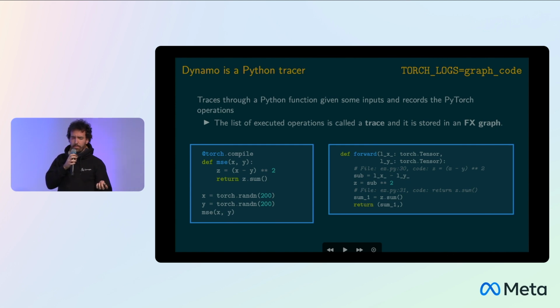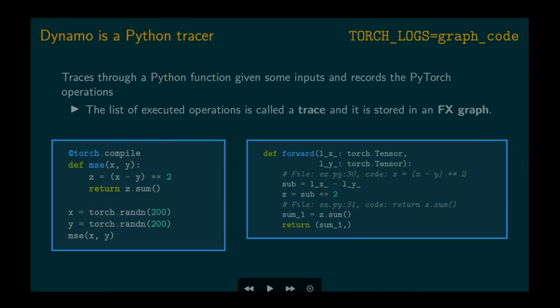FX graphs have been in PyTorch core since PyTorch 1.7, I want to say, and they are nothing but a list of functions. Here we see that we have a subtraction, a squaring, and a sum. The point here is that there is no branching, there is no funny business, there's just one function after the other that takes the outputs from any of the previous functions and feeds them into a new function.